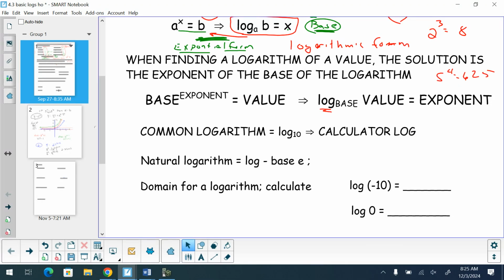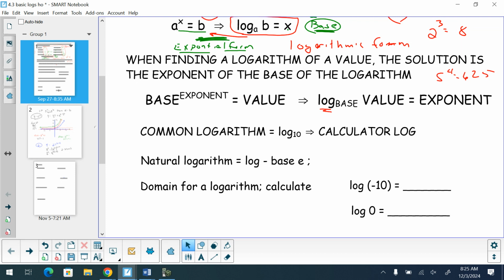When you hit your LOG button on the calculator, that is a common log, that's log base 10. And most of the time, you won't see the base 10 there. If you just have a log there, that is understood to be a base 10 log. That's your calculator log.